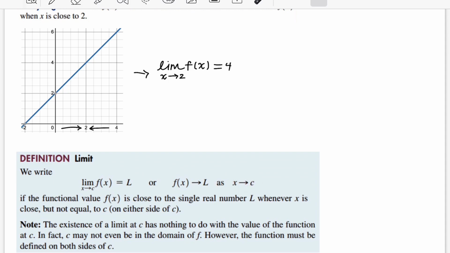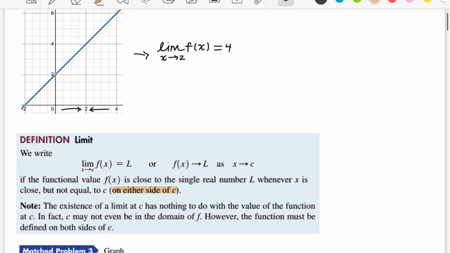And so c is some number that x is going to get close to but not equal, and it's going to get close to c on either side of c. All right, something to note here is that the existence of a limit at c has nothing to do with the value of the function at c, and we'll see that in a few examples.